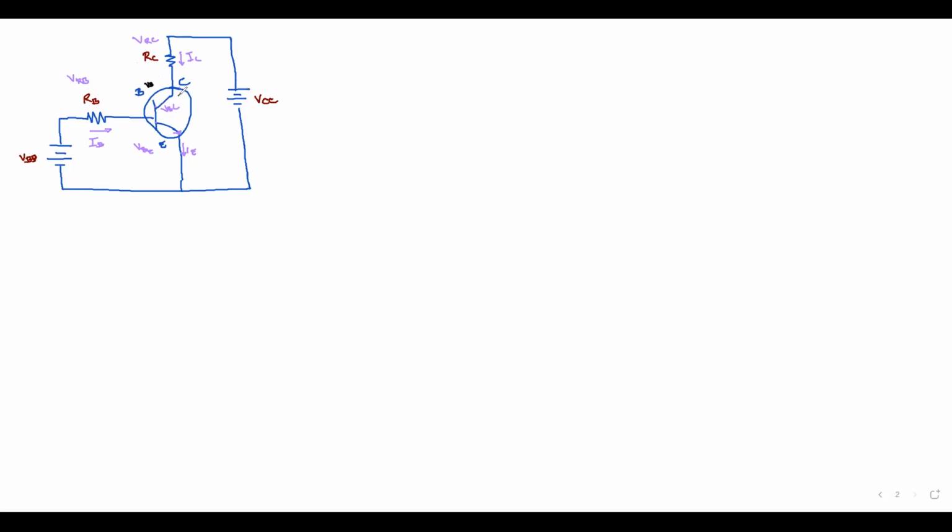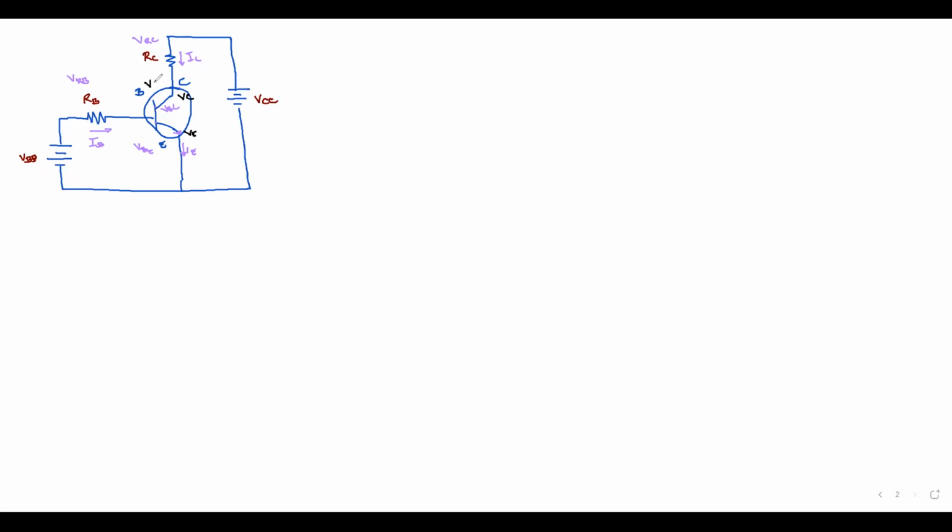We have VC as the voltage at the collector, and VE as the voltage at the emitter. There are quite a lot of terms here, but they are simple to solve. So we have your VB, your VC, and your VE.